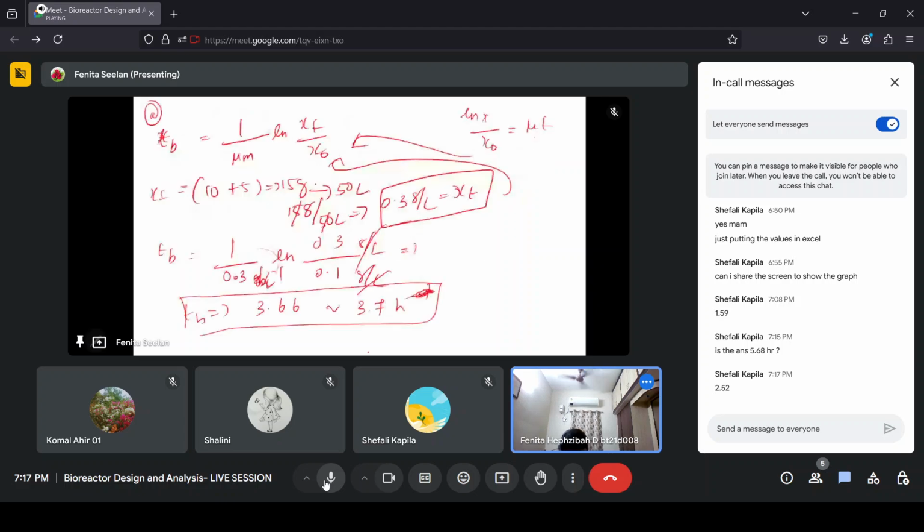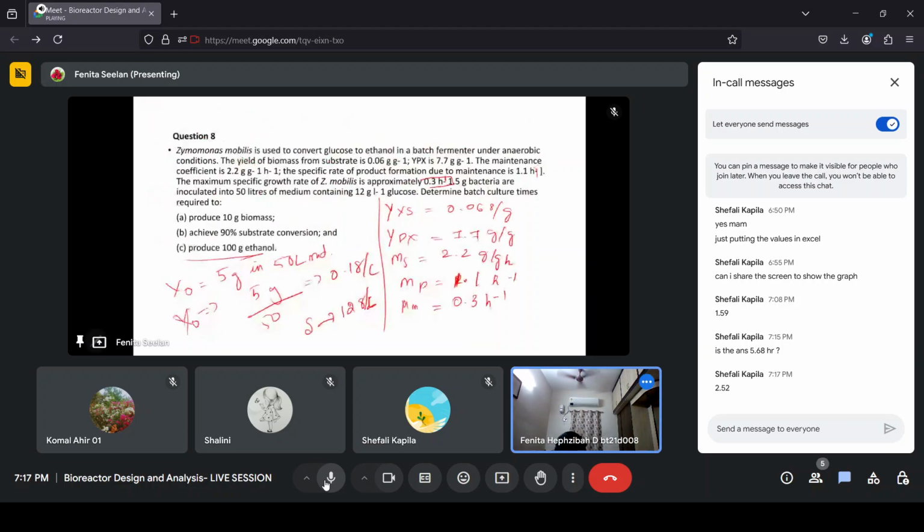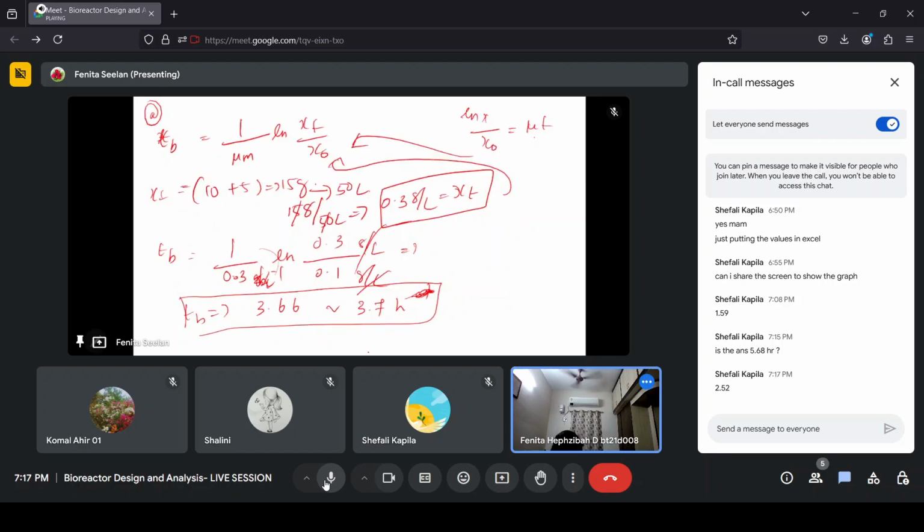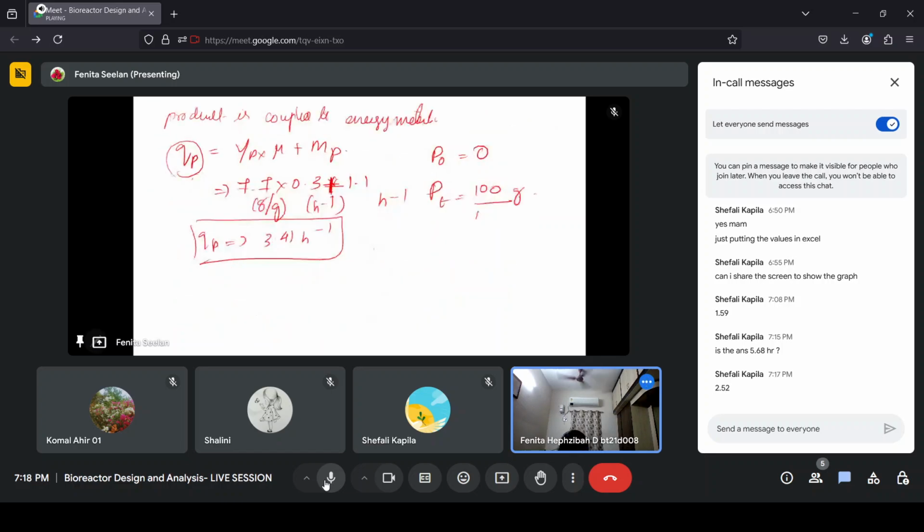It is 50 liter of media. Like how we have calculated our X with respect to medium, we will calculate this also. For 50 liters, 2 gram per liter is your product concentration at the end of the fermentation.